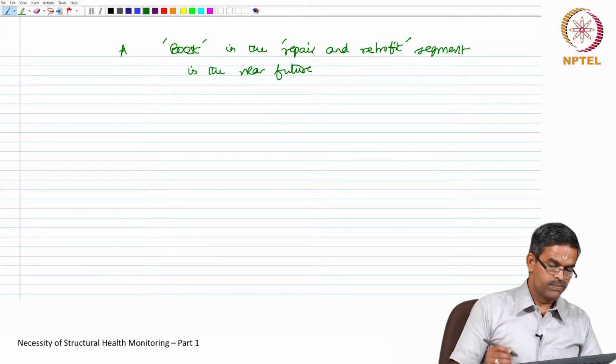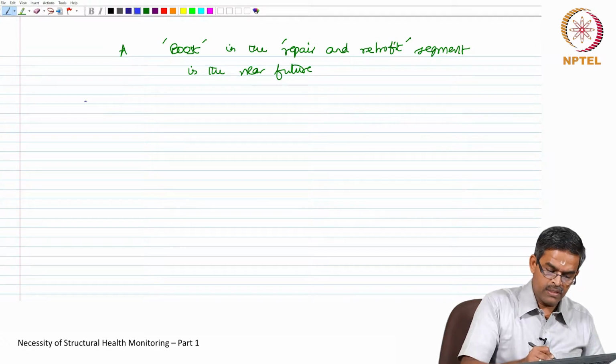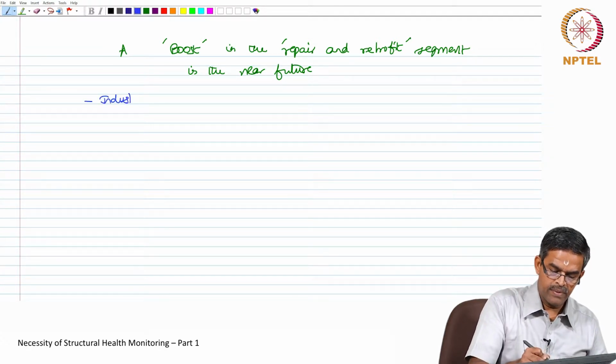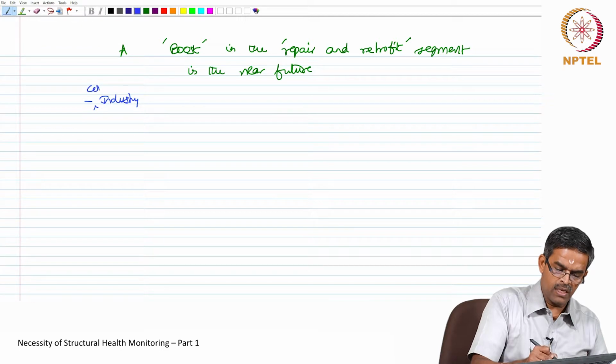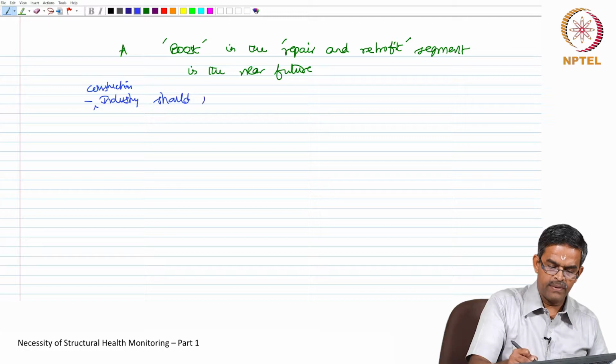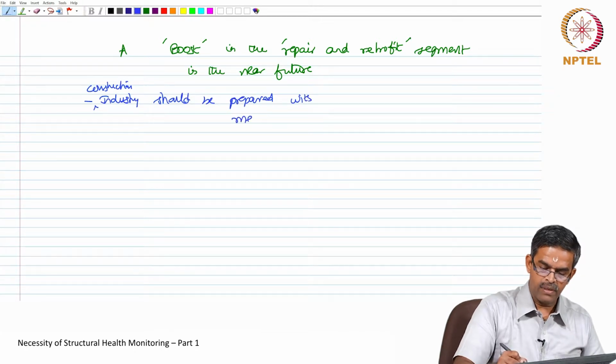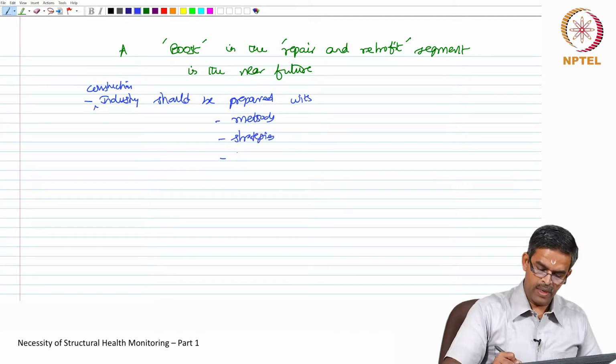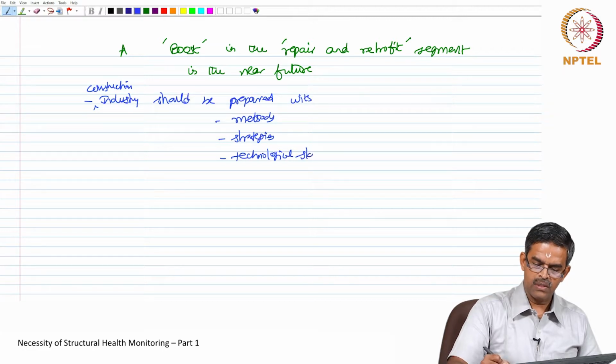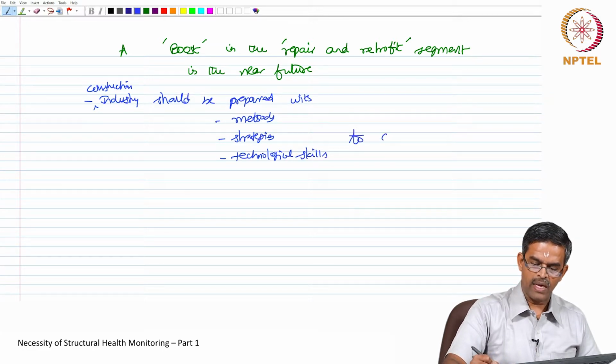If it is so, then industry should be prepared. Which industry? Essentially the construction industry should be prepared with methods, strategies and technological skills to carry out the repair.